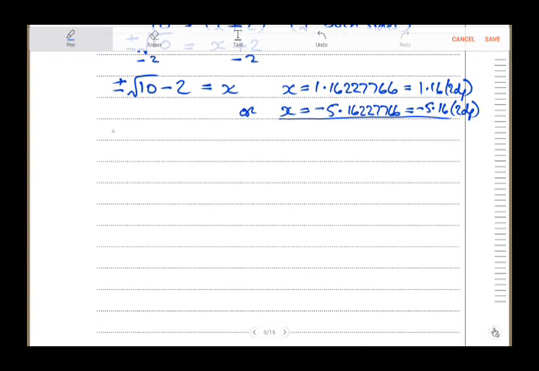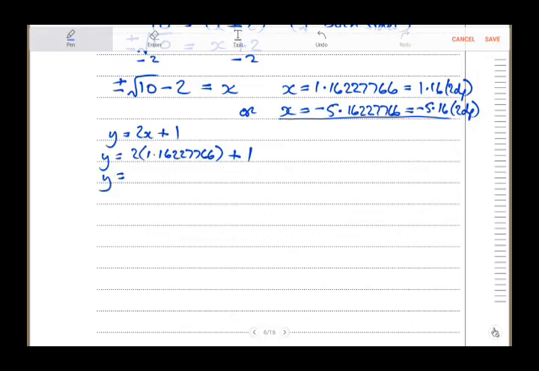So y equals, I'm going to write the equation first, 2x plus 1. Now, just to be as accurate as possible, I'm going to substitute in the unrounded answer first. Okay, so y equals 2 bracket 1.16227766 close brackets plus 1.